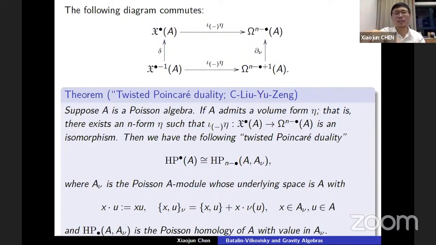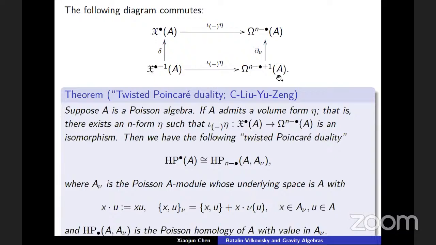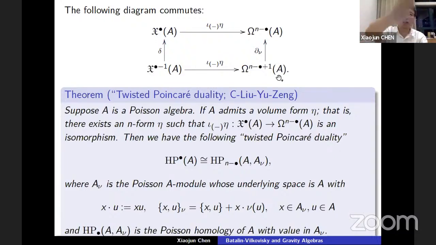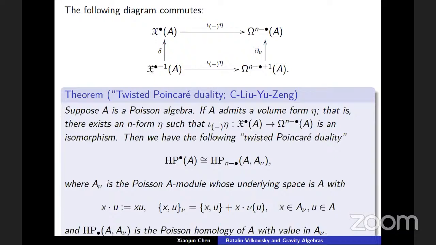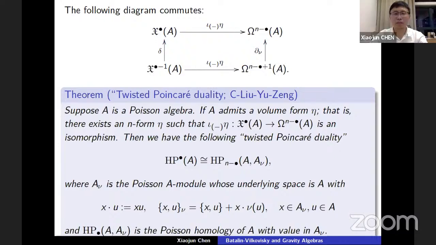I just omitted the rest of the terms because delta squared is 0, and d nu squared is also 0. So both the left vertical line and the right vertical line are complexes, not just two terms. And if you take homology, you get the isomorphism, because the horizontal one is always an isomorphism of vector spaces.